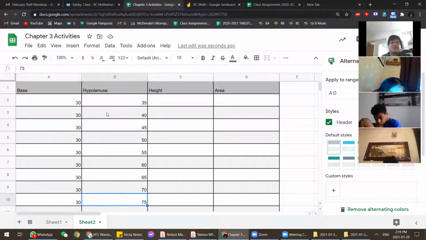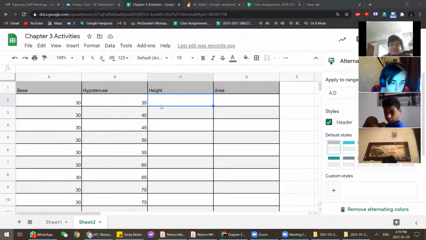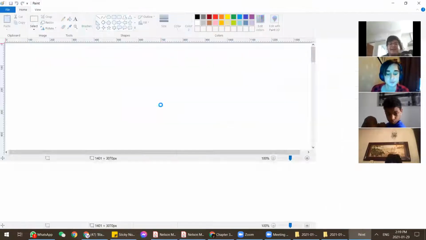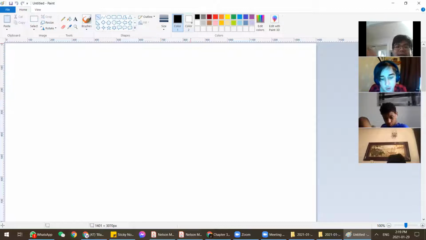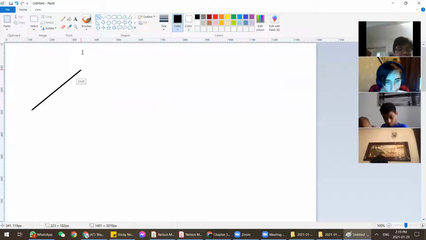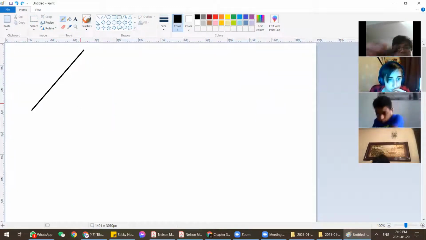Why not? So now the tricky part is setting up the formula for height. I'm going to draw this here, and I'm going to paste this photo in the spreadsheet so you can see it. Sorry. How can I draw a straight line?